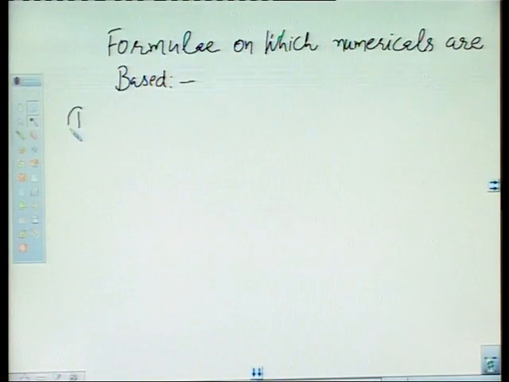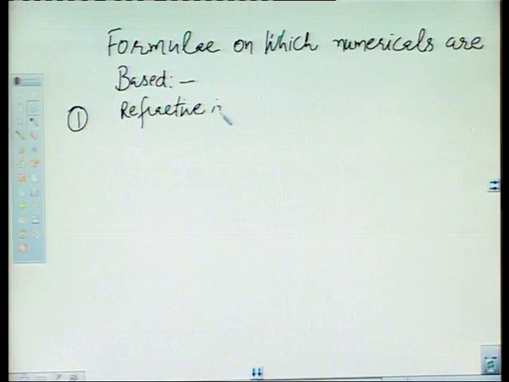The first formula is of refractive index. The refractive index of any material is denoted by mu.